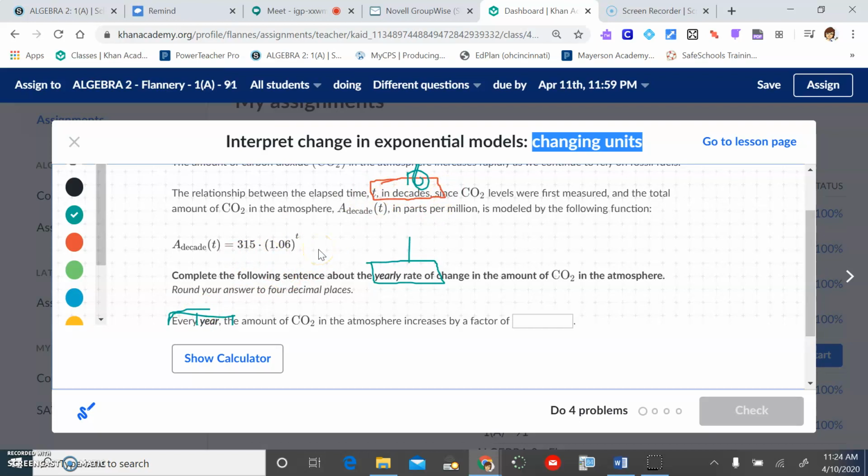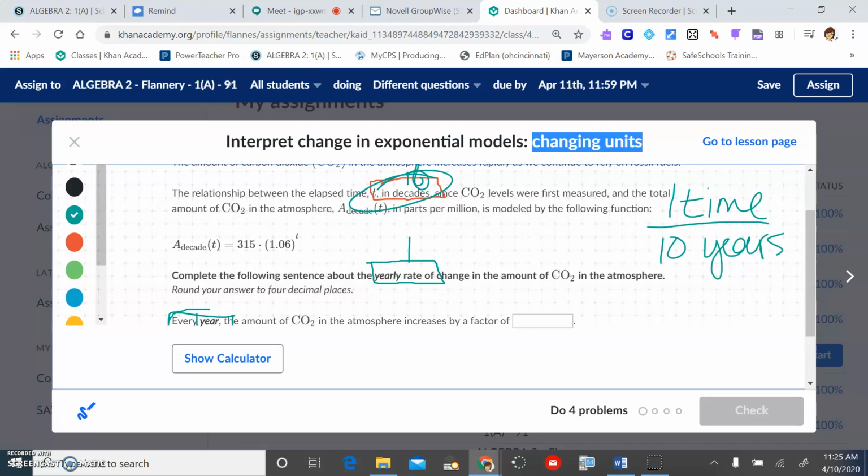And the idea here is that this t in the exponent means this is happening one time, once, every, and then whatever unit they give you, every decade, right? So every 10 years. That's how often it's happening.